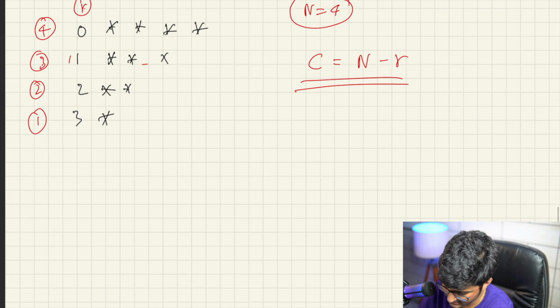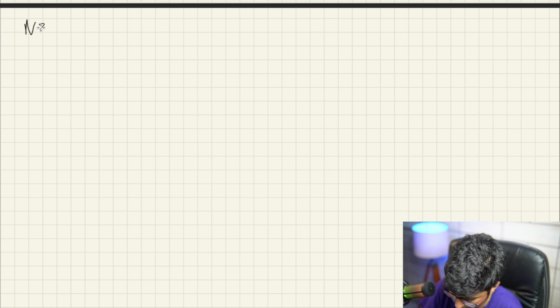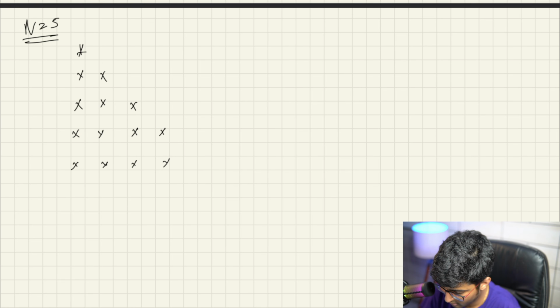So the question was something like this. What is the pattern? Let's say for n is equal to 5, the pattern is something like this: 1, 2, 3, 4, 5. And after this, it will start decreasing.